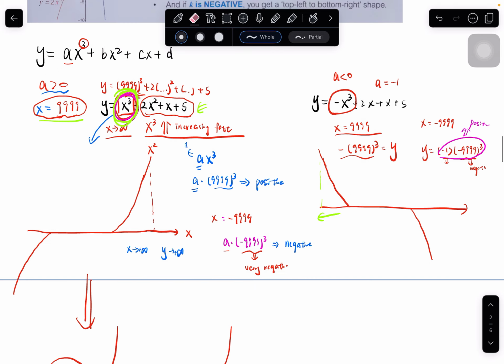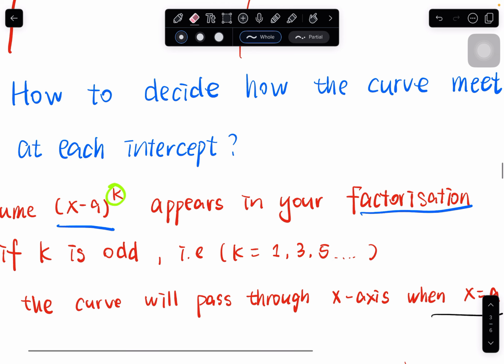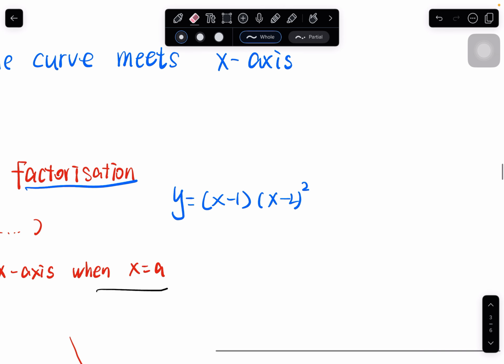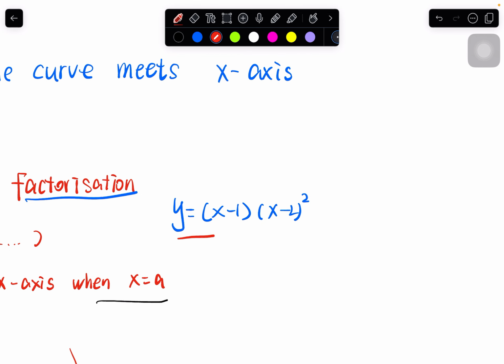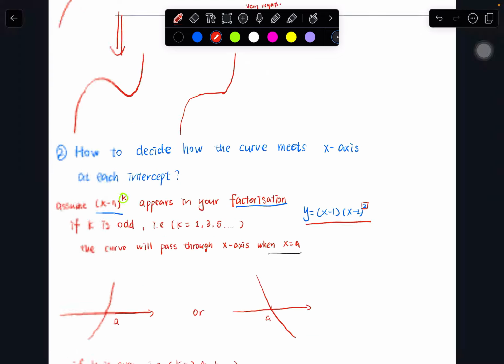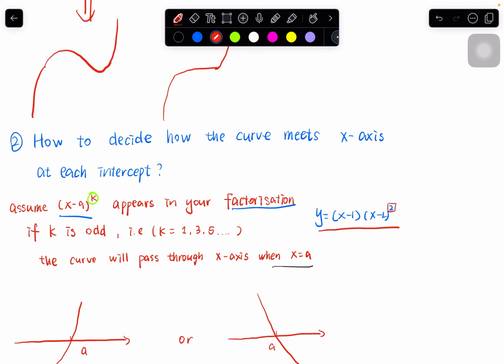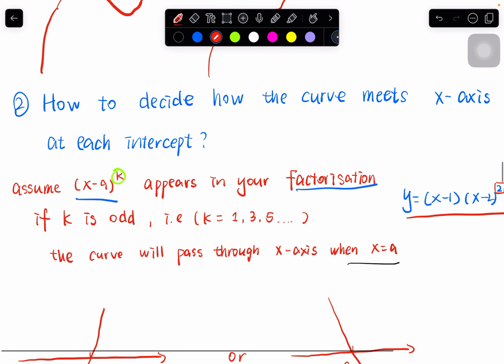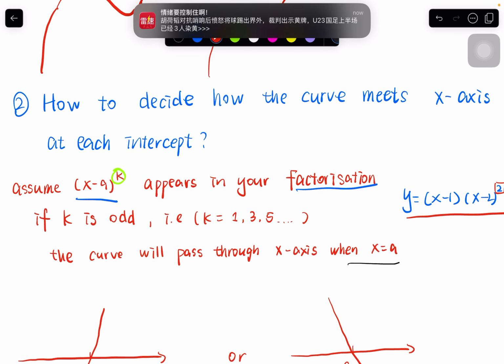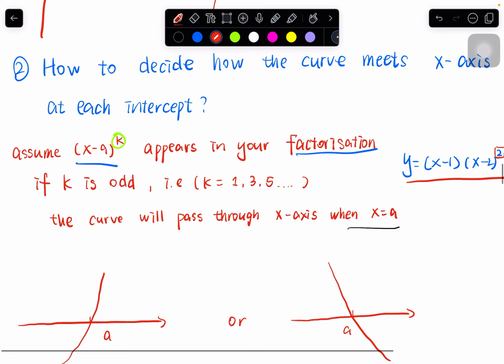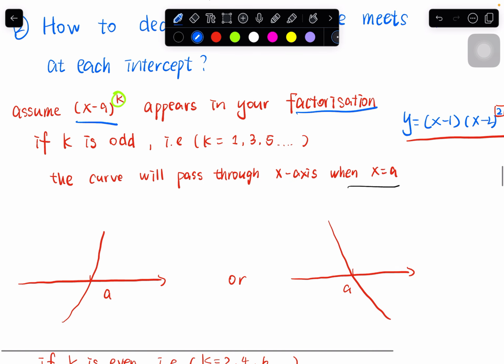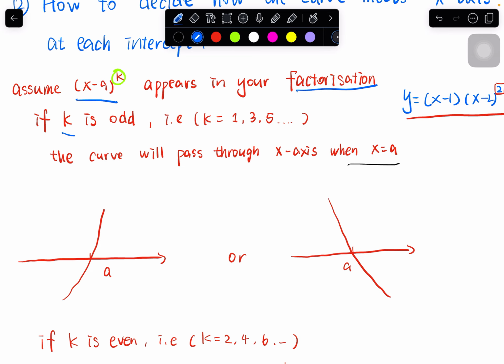Why I have to write (x minus a) to the power k is because, for example, our cubic function could also look like this. So in this case, you can't ignore just this 2, so you have to write this k. Okay, so our next part is going to be very easy. You just need to remember that when k is odd, the curve passes through the x-axis when x equals a.